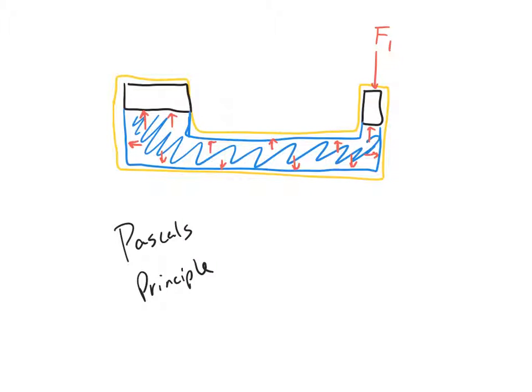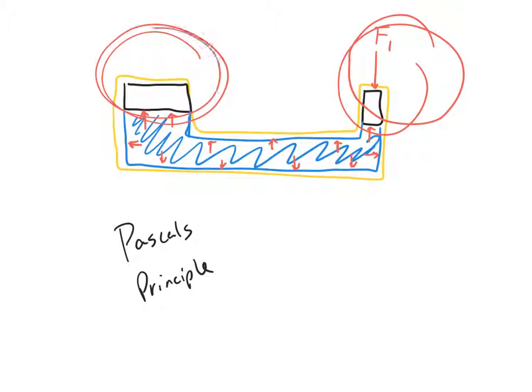The pressure at any location in a closed system is the same. So pressure is defined as force over area. So if I could find the force over area here and the force over area here, since the pressures are the same, the force over areas have to be the same. So that's where this statement comes from to start, and then this becomes this, and this becomes this.